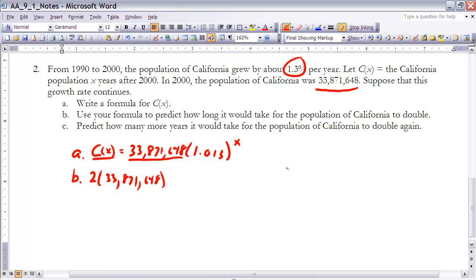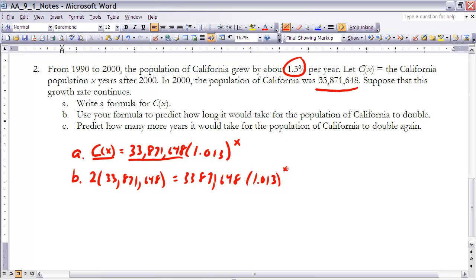Now we could figure that out, but I'm just going to put that in my equation like that, is equal to 33,871,648 times 1.013 raised to the x power. Now I want to solve this equation for x.